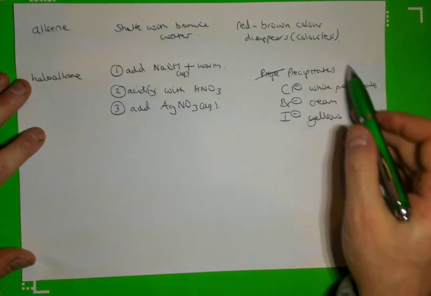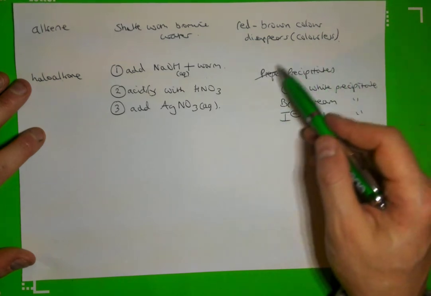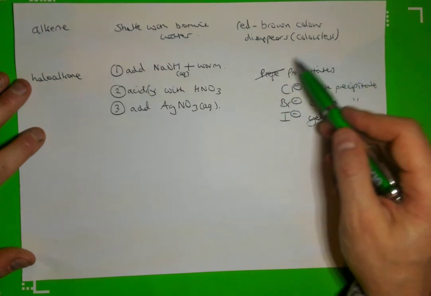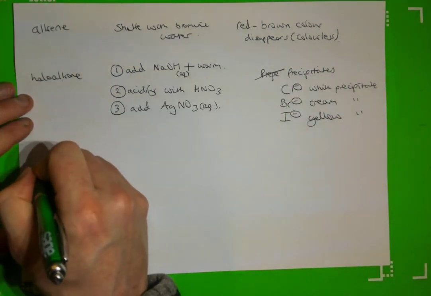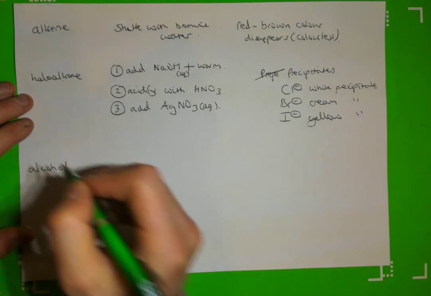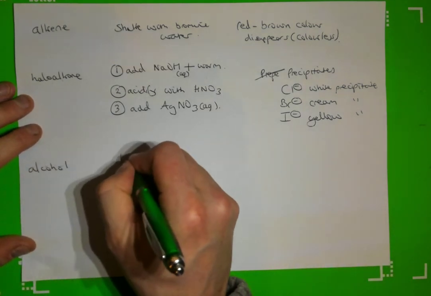Now, you need to know the other test, which you can use to confirm this, and that involves ammonia, so please look that up now and write that down. We can test for an alcohol as well, and we can use acidified potassium dichromate for that.